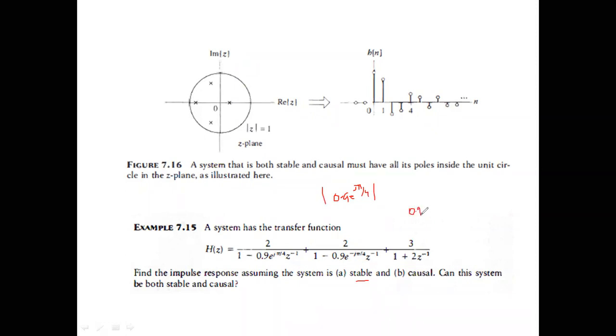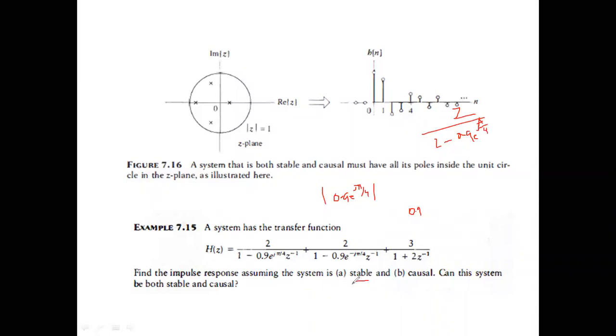Now see, where does the pole lie? 1 divided by 1 minus alpha z to the power minus 1 is equal to z divided by z minus 0.9 into e to the power j pi by 4. That's what it is.